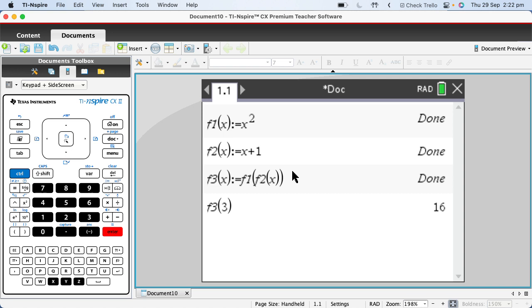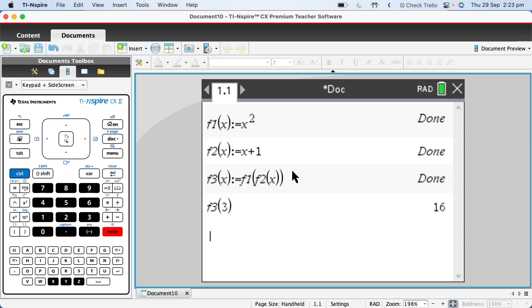So what I've just done on the GDC is the equivalent of that: f1 composite f2 of 3. Now, in the actual exam, they are more likely to use f of x, g of x, h of x. Personally, I translate them all to f1, f2, f3, etc., because they're graphable.